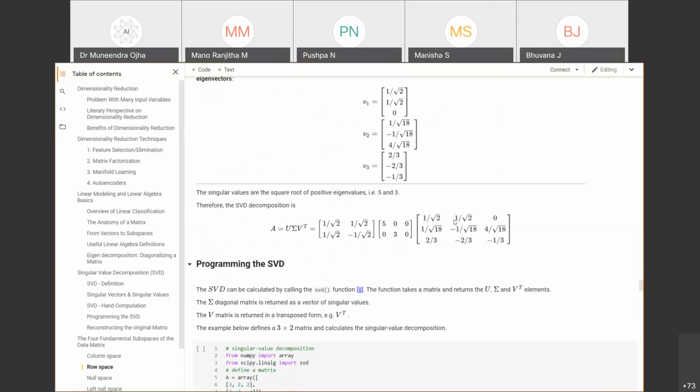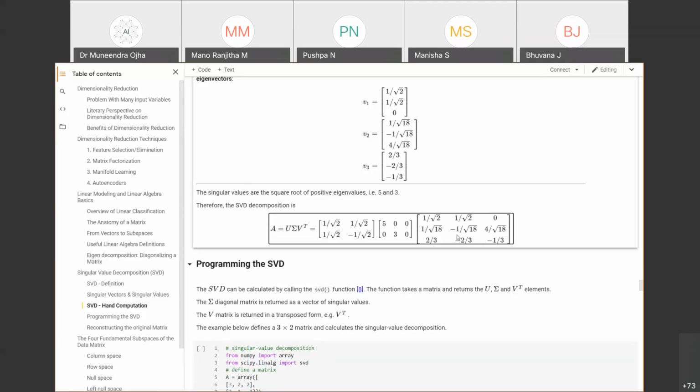It means only two rows, the first row and second row, because the third row corresponded to a zero singular value, which will not be used. So only those rows in this transpose matrix, the first two rows corresponding to non-zero singular values. The third has a value which is zero, so I will not consider that. So only two rows will constitute the row space.